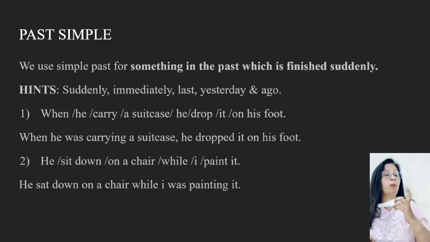These are very important hints. Sometimes these hints are given in the exercise. And what do we use in the simple past tense? We always use V2 for affirmative sentences, and we always use did not for negative sentences. And some examples are shown on this screen.